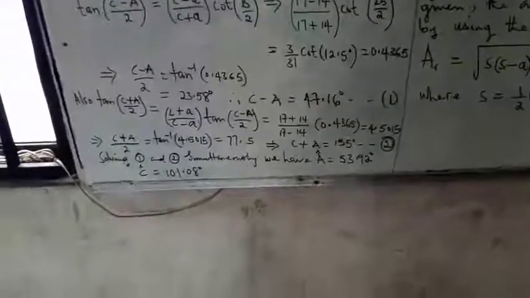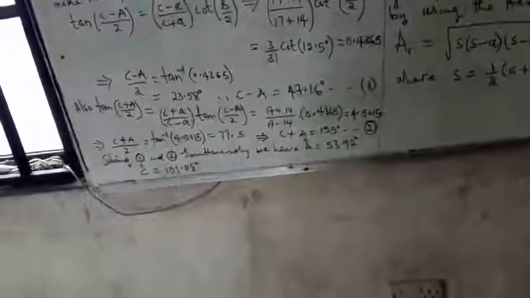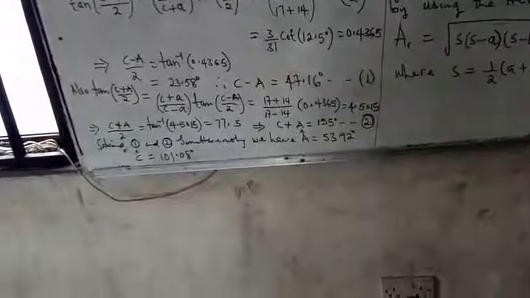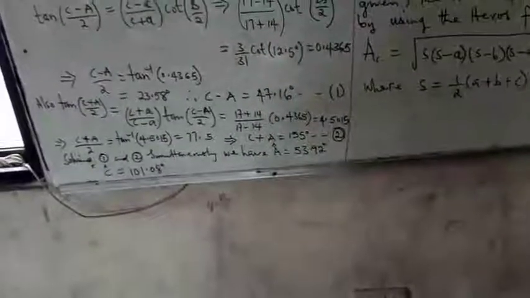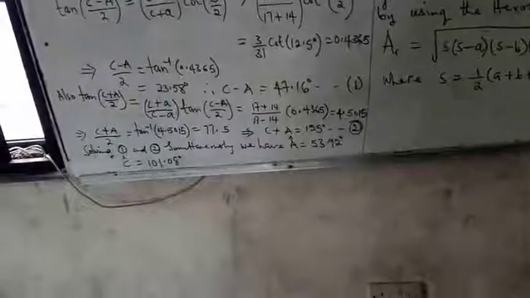Now tan of (C plus A) over 2 is given by 4.5015, so (C plus A) over 2 is arctan 4.5015. Taking 2 to the other side, C plus A is 155 degrees. Got that as equation 2. Solving 1 and 2 simultaneously, we have angle A to be 53.92 degrees and angle C to be 101.08 degrees.